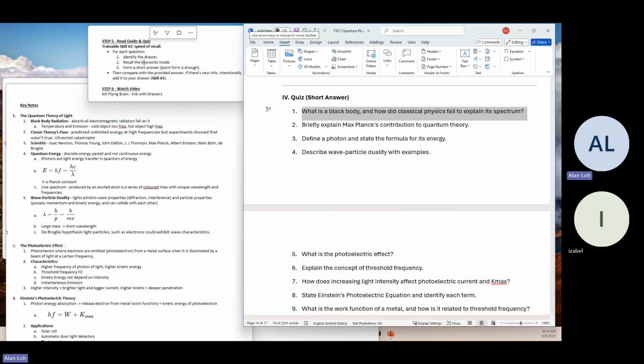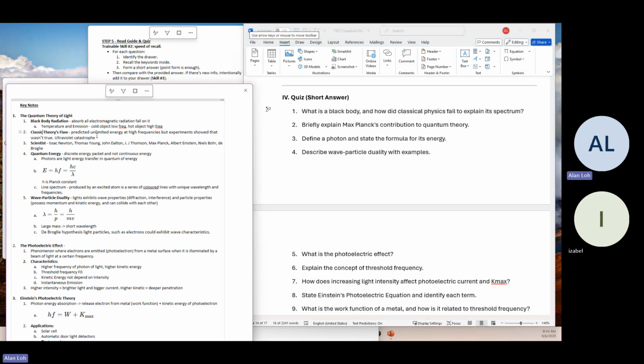And now recall the keywords. What are the keywords that you have here or inside your own drawer? You can explain the black body is absorbing all the electromagnetic radiation and then emitting at high frequency and shorter wavelength when it is hot. And then you can explain why it fails.